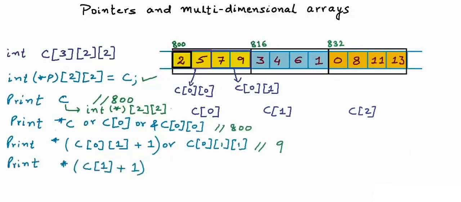Now what will be the output for this print statement? *(C[1] + 1). C[1] will return us a pointer to a one-dimensional array, the first one-dimensional array in C[1], this block containing integers 3 and 4. Adding 1 is performing pointer arithmetic and going to the next one-dimensional array. It's going to this one-dimensional array containing 6 and 1.